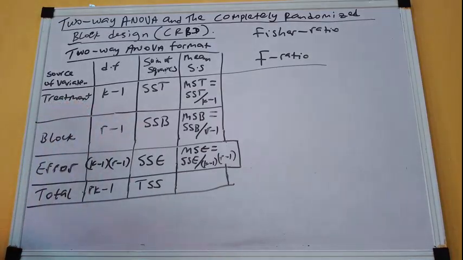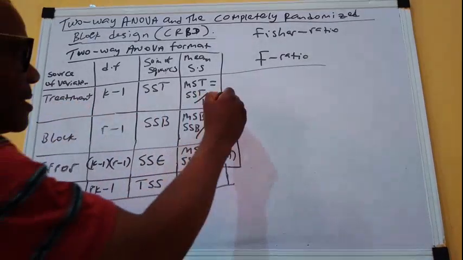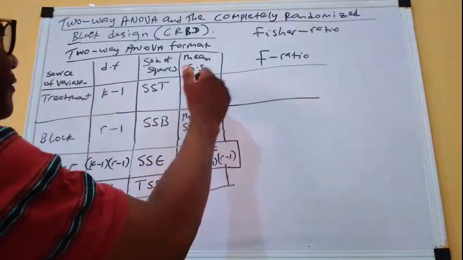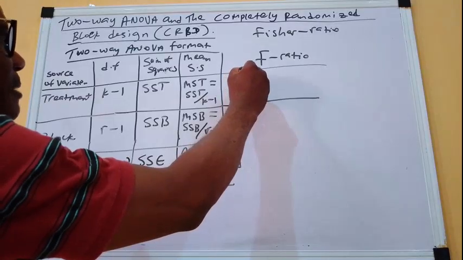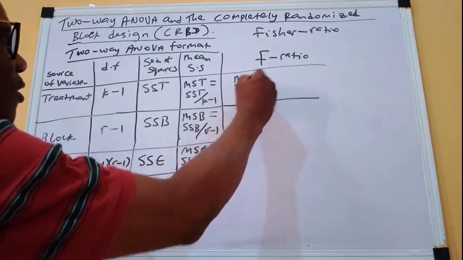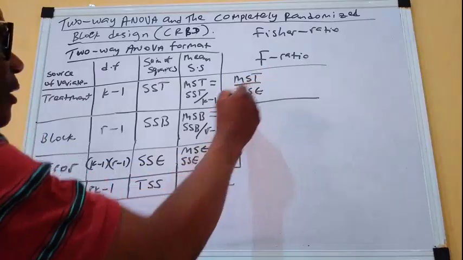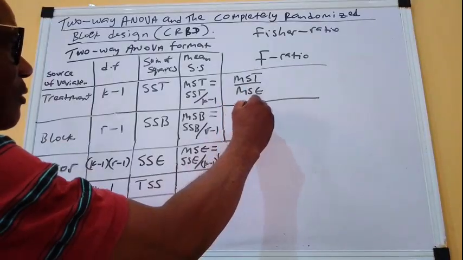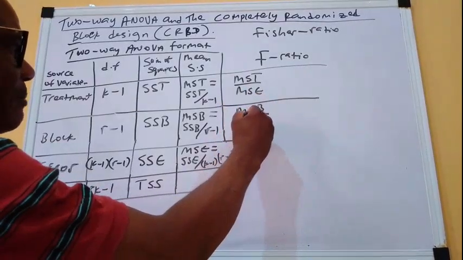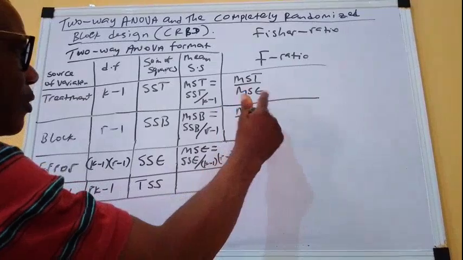One will be for the treatment. The F ratio for the treatment will be the mean sum of squares for treatment all over the mean sum of squares for error. Then the one for the block will be the mean sum of squares for block all over the mean sum of squares for error. So you use error.